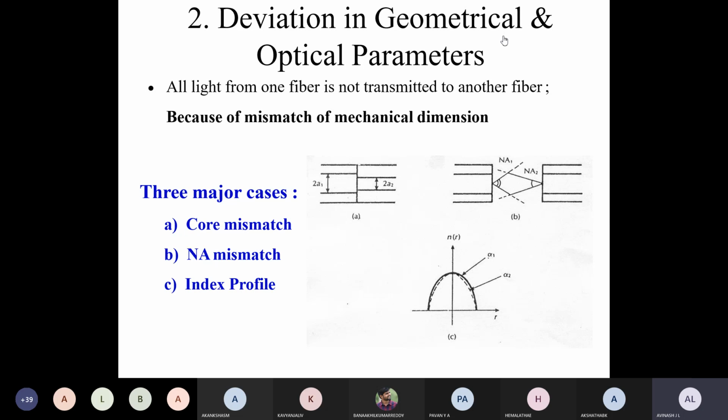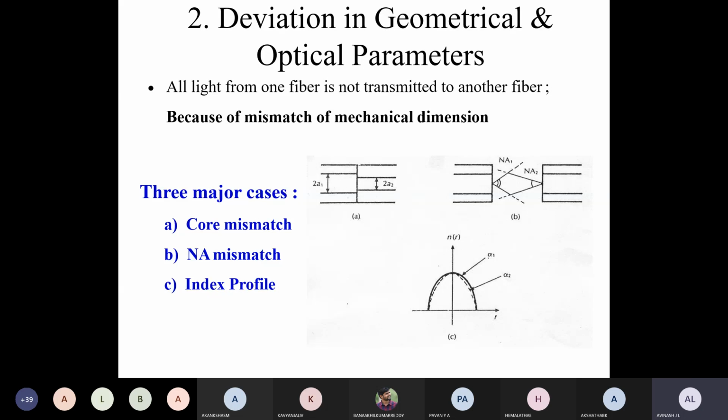Please take the diagrams, all of you. I'll give you a minute. Now, deviation in geometrical and optical parameters.